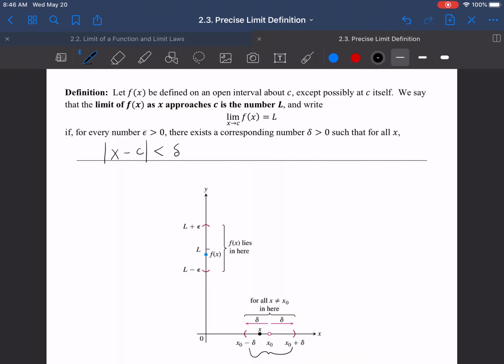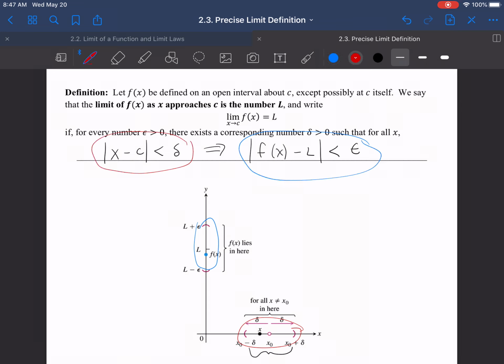And then, if that's true, it's going to give us an absolute value of f of x minus L that's within epsilon of whatever L is. So if we're in this range, we'll end up in this range, where this is the blue, right? That's the red. So if we can do what's in the red, we'll end up staying within the blue.